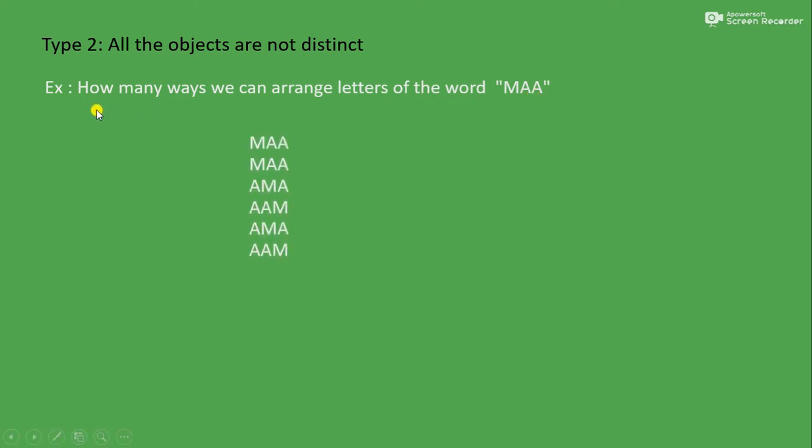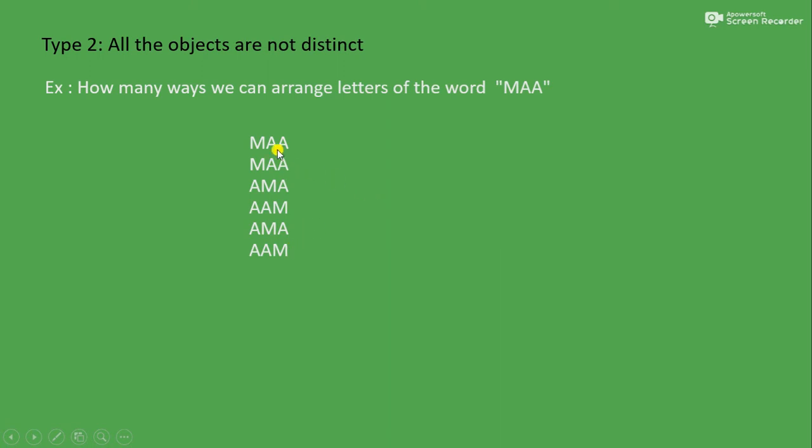The question is: how many ways can we rearrange the letters of the word MAA? These are the words we can form using MAA. MAA appears twice, AAM is also repeated, and AMA is also repeated. So these are the six combinations.